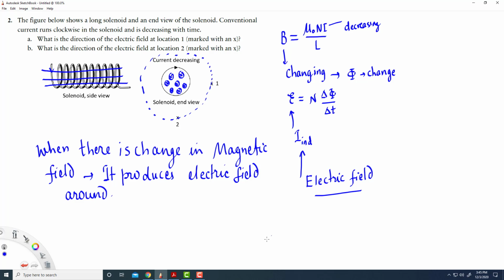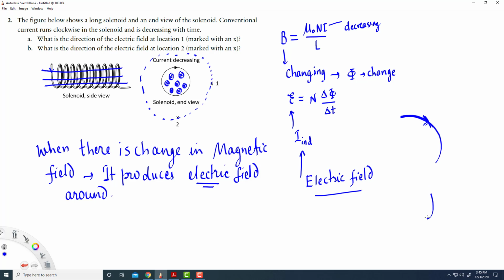Okay. And to find the direction of the electric field, we can just find the direction of the current, because the current is being pushed by this electric field along the direction in which the current is flowing. If the current is flowing like this, that means the electric field is pushing the charge or electrons in this direction, or the charge carriers in this direction.